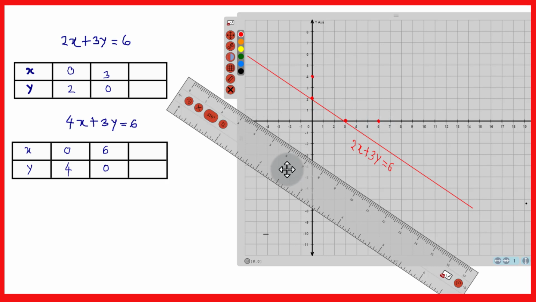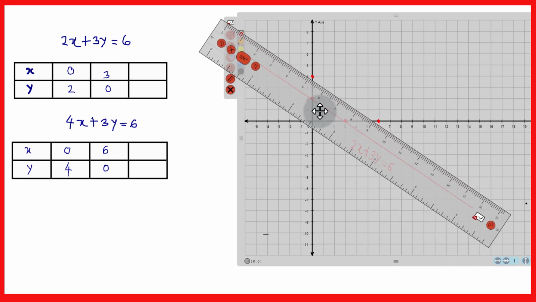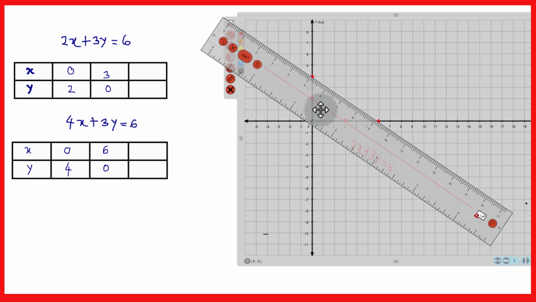Now draw the line passing through these 2 points. It's slightly difficult to place the scale. And now you can draw a line like this.